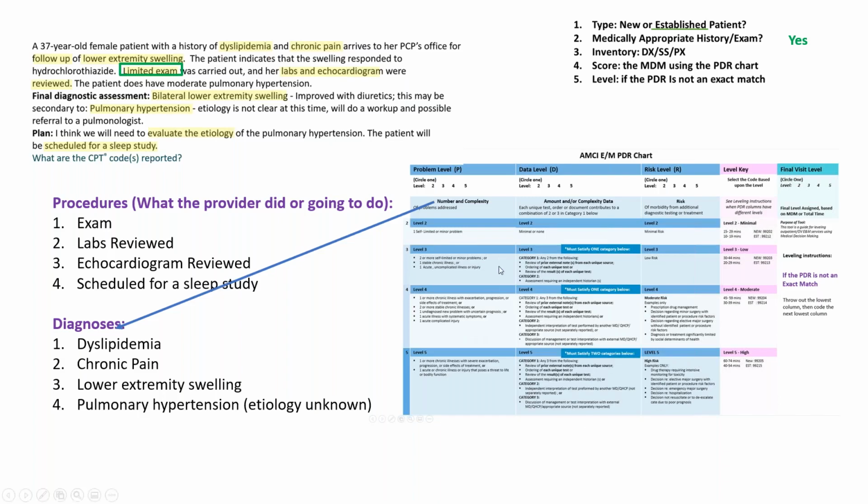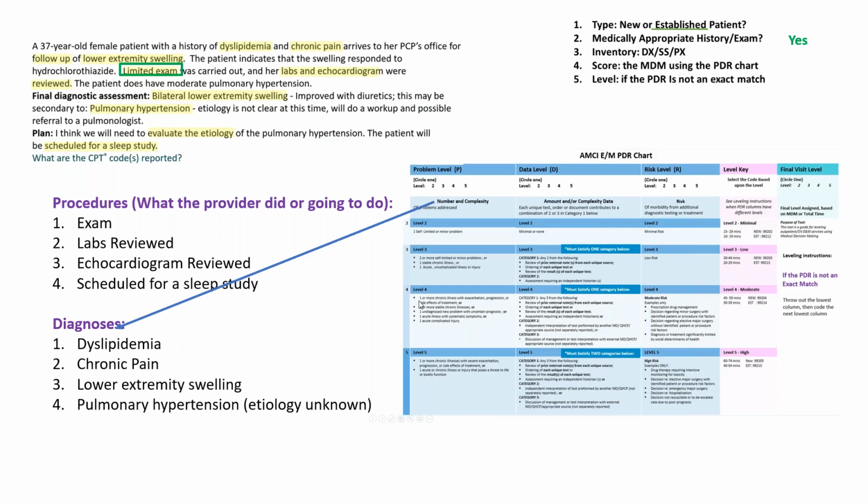Do we have 2 or more self-limited or minor problems, one stable chronic illness, or one acute uncomplicated illness or injury? Do we need to go to level 4? Or are we okay with level 3? All right, some people say stay, some people say let's go to 4.